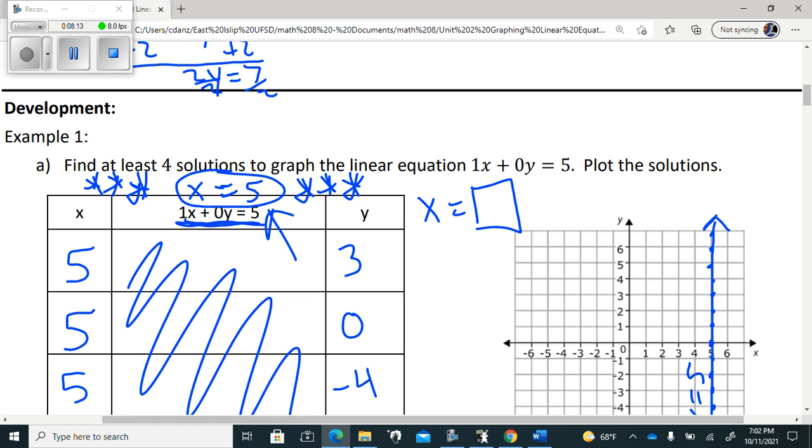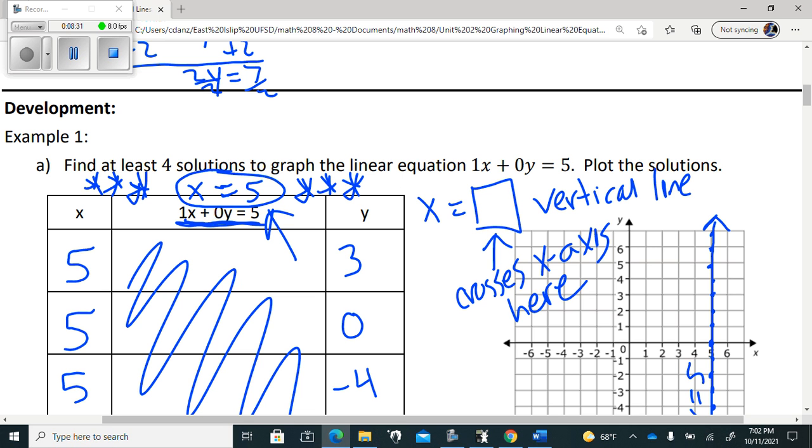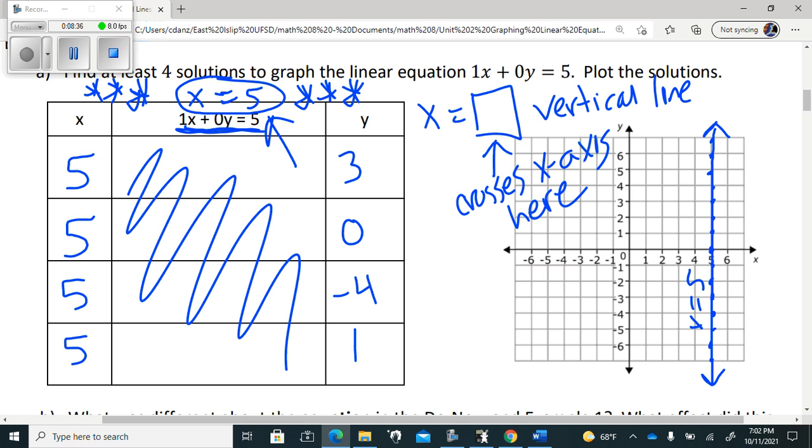Whenever it's just x equals some number, it's always a vertical line. And it crosses the x-axis at whatever that number is. In this case, it said x is 5, so you could see that it's crossing the x-axis at the number 5. And it's making this vertical line. And that's how you graph vertical lines. Let's move on.